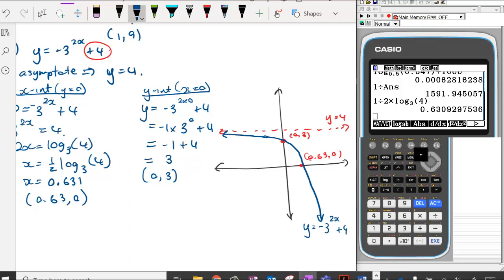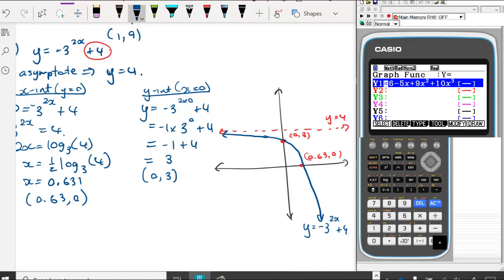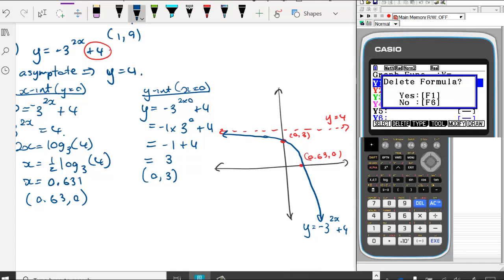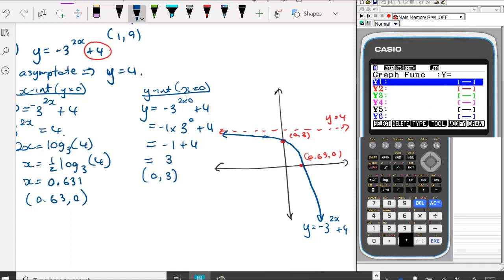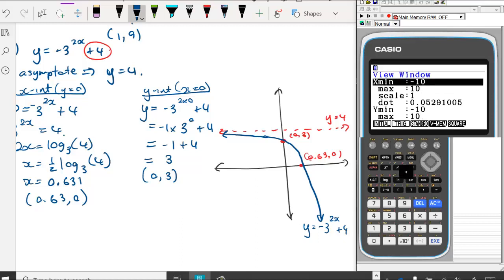Now if we want to check this on a graphics calculator, we go into Menu and Graph, and we type it straight in. So we have negative 3 to the power of 2x plus 4. So we draw this. We need to reset our window.